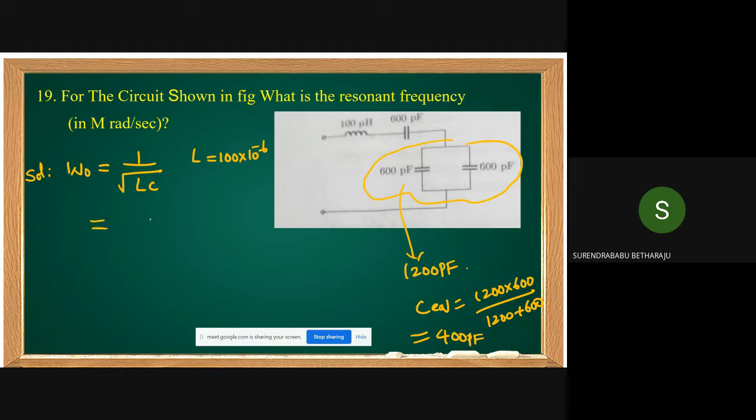Now you substitute here: 1 by square root of L into C. L is 100 microhenry, 100 into 10 power minus 6. C is 400 picofarads; pico means 10 power minus 12. Now tell me, students, how many mega radians per second do we get?